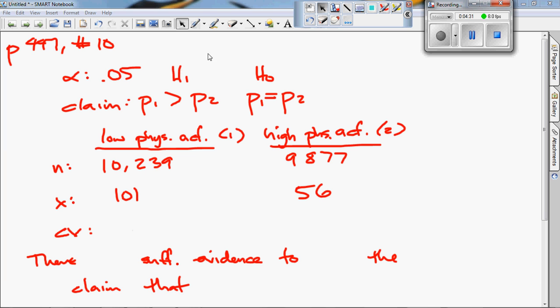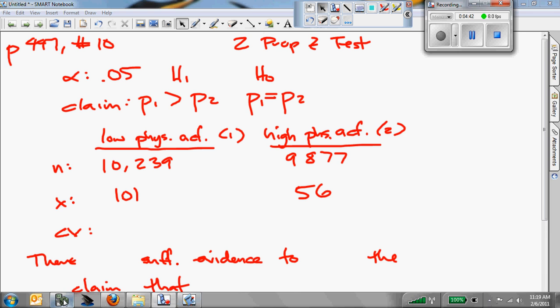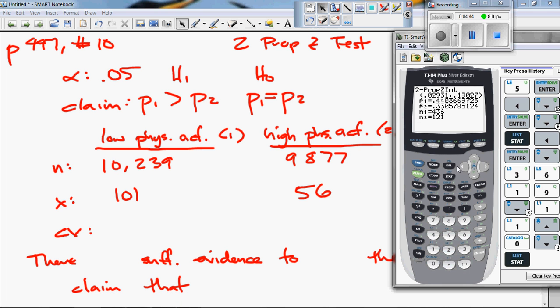So for this, we're going to use 2 prop z test. We're going to test the claim. Stat test, 2 prop z test is 6, and we have to enter this information because these are two different problems.